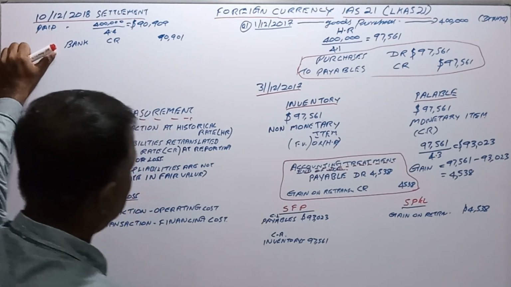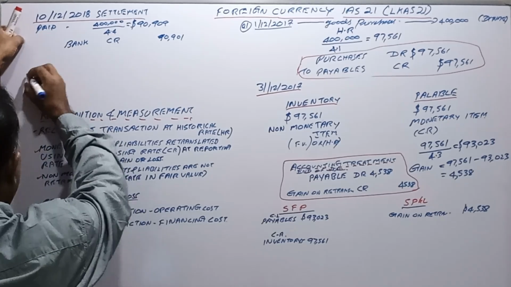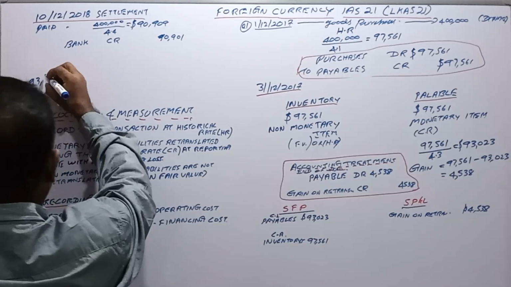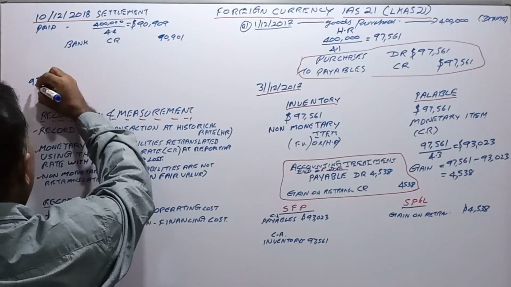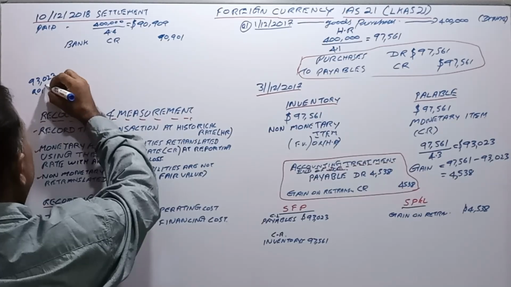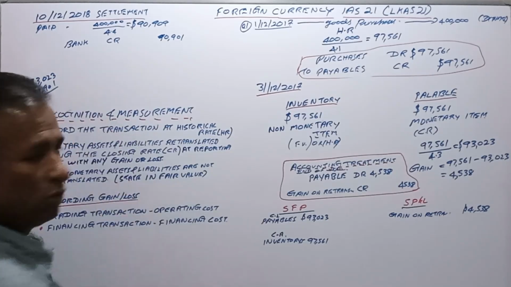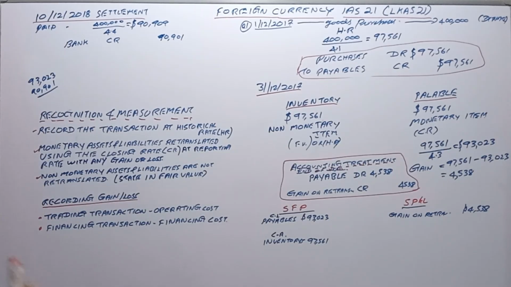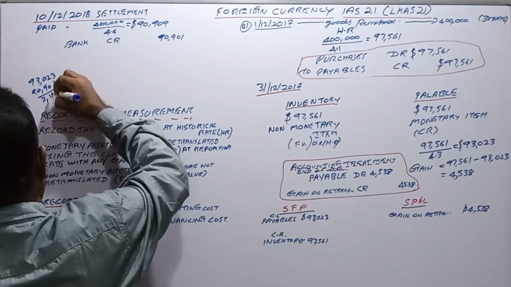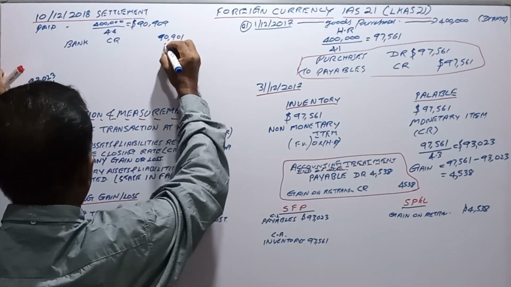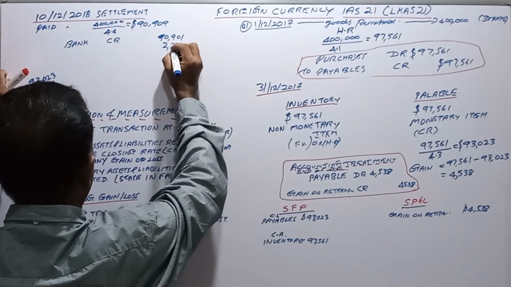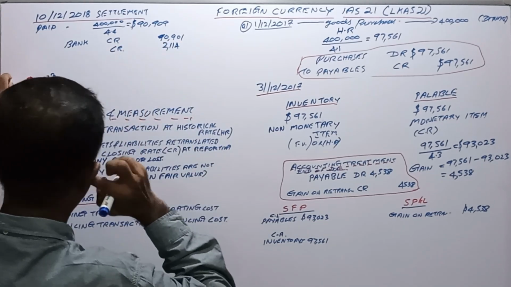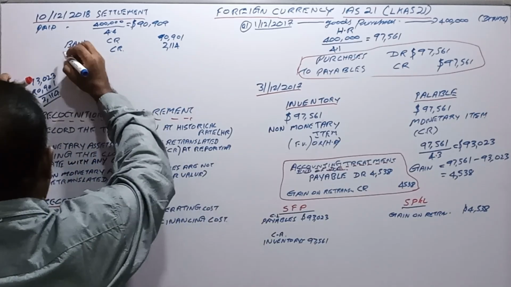The difference between the payable, 93,023 is the payable, whereas we have paid 90,901, so the difference would be 2,114. That is credited to profit and loss.